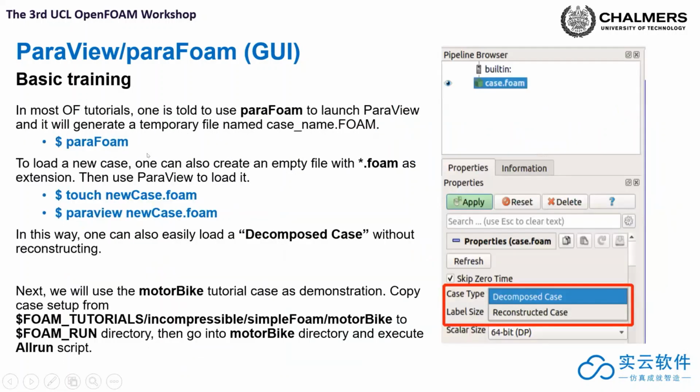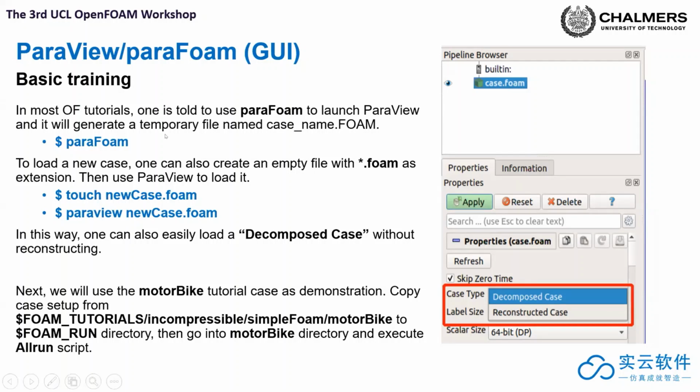Next, some basic training. Here I provide some tips from when I use ParaView. It took me a while to realize that we can use ParaView to directly read files with the extension .foam instead of using paraFoam.